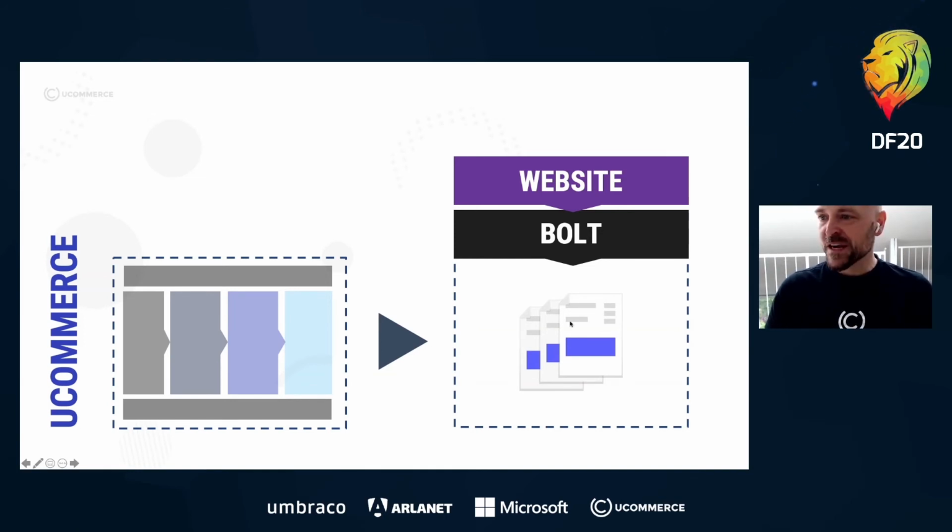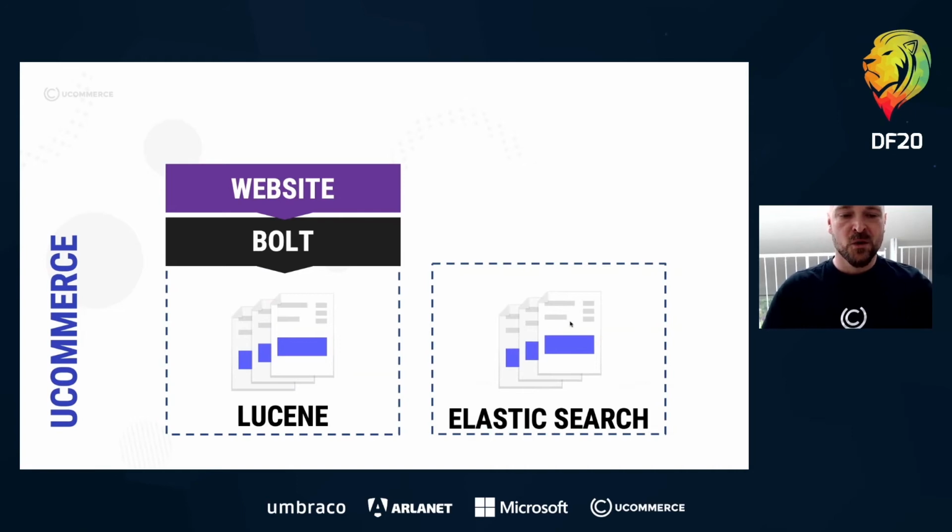Now, we also needed to make it pluggable. Out of the box, we needed to support the out-of-the-box experience, so we needed to be installable. We went with Lucene out of the box because it ships with Umbraco. It's right there, and a lot of people know it. Because it's a provider-based system, in development you can use a very simple setup for Lucene, or if you're only running on one server, you just use that one search index that you have.